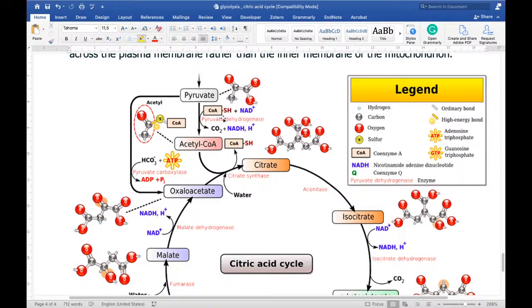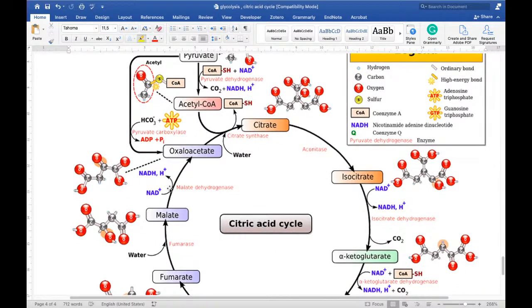In the presence of coenzyme A, you will have acetyl coenzyme A, and this acetyl coenzyme A, with the help of oxaloacetate, will produce your citrate by removal of this coenzyme A. Further, from this pyruvate, we can have a reaction in the presence of pyruvate carboxylase to produce oxaloacetate. HCO3 minus plus ATP gives rise to ADP, and oxaloacetate is produced. So here another cyclic cycle is taking place too.